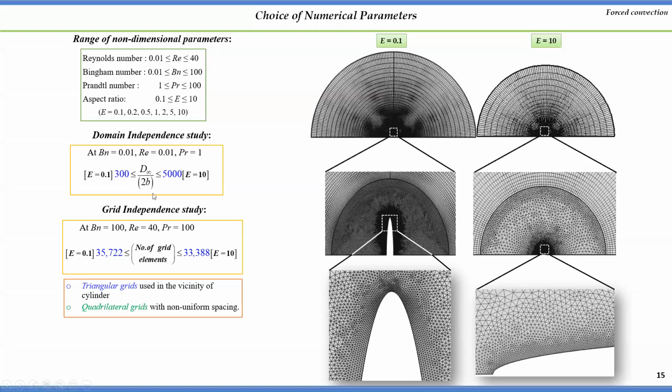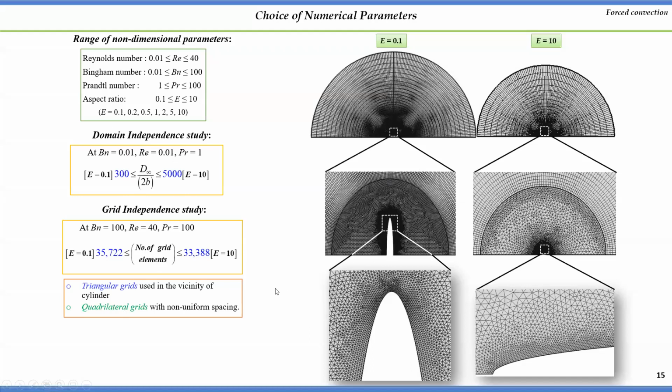Finally, the discretization of this domain has a big effect on the results, so we need to first make sure that the grid does not affect the results. For that we need to conduct the grid test and domain test, and we have to choose the appropriate shape and size of the grids.